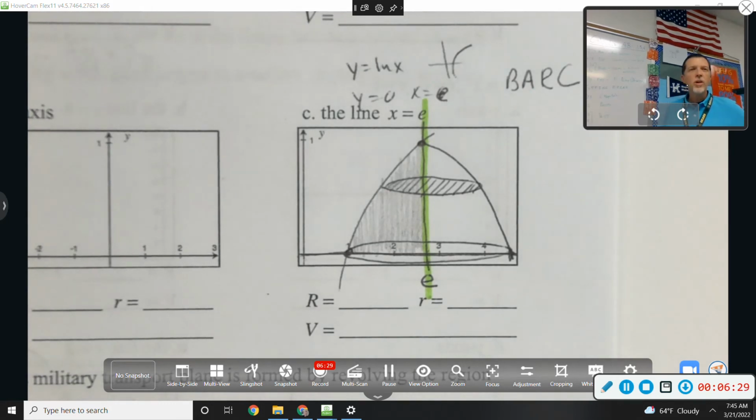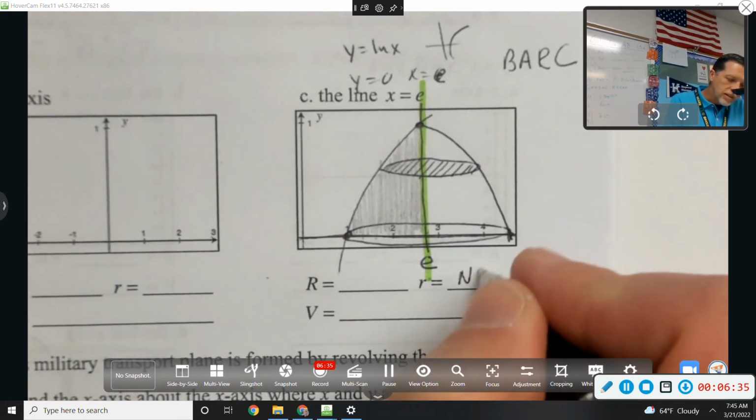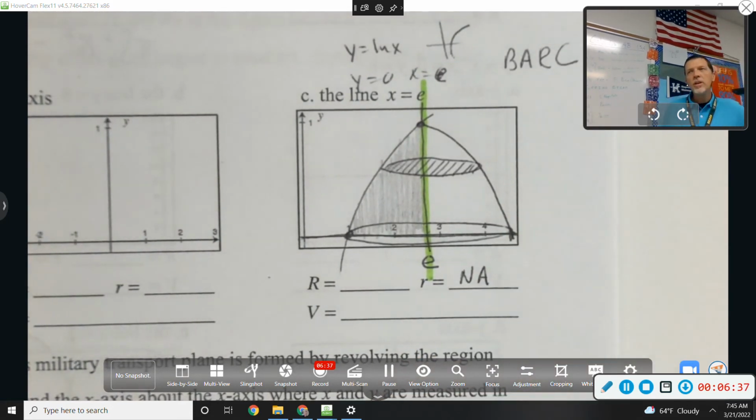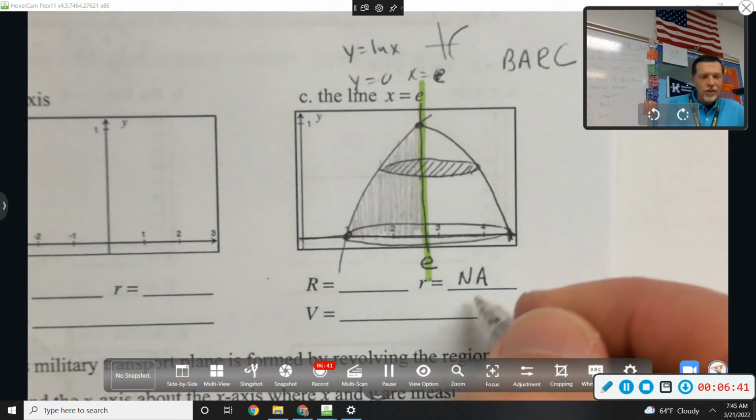Okay, disc or washer? Disc. So little r, NA or 0. Be careful, don't put an x there because then, are you like xing it out or do you mean the variable x?